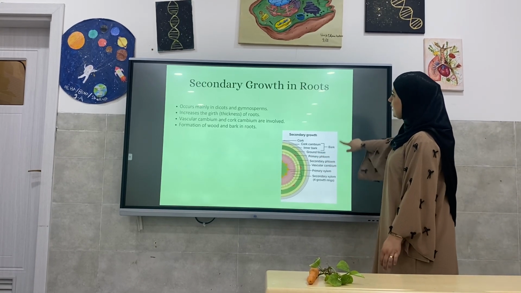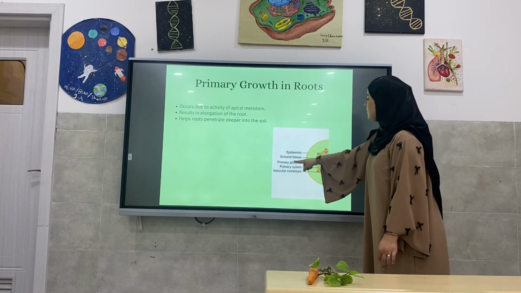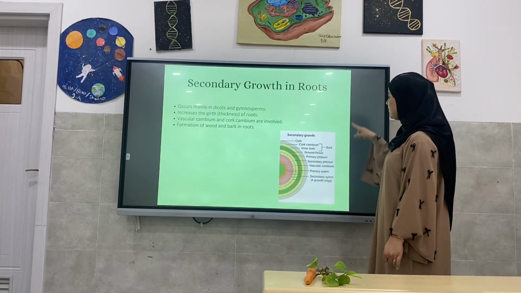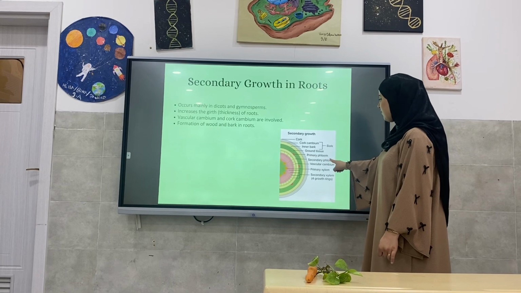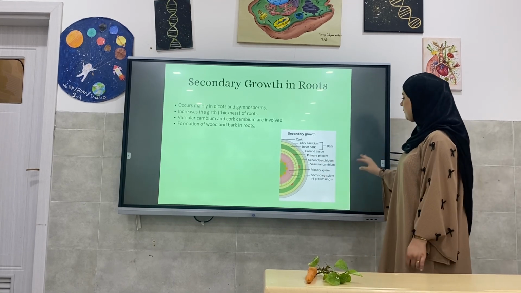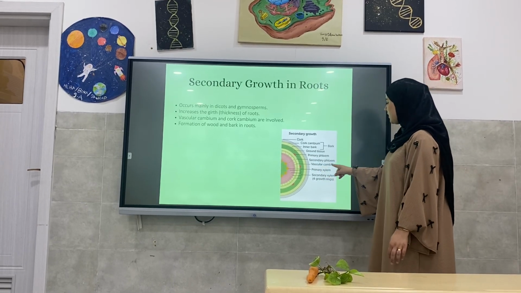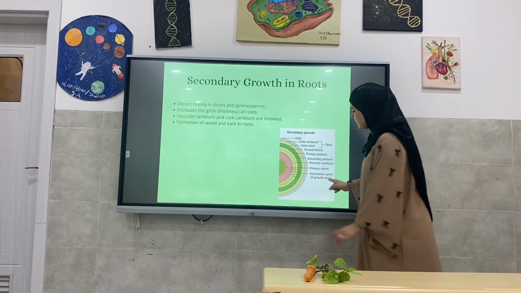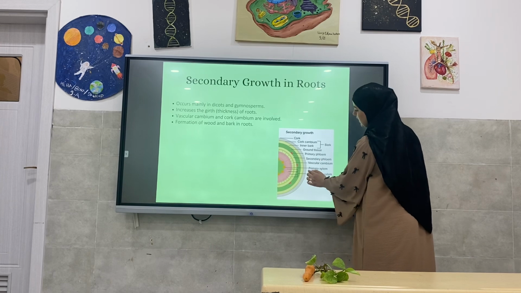In primary growth, we have primary phloem, but in secondary growth, we have primary phloem and secondary phloem. Vascular cambium, primary xylem, secondary xylem, is in the secondary growth.